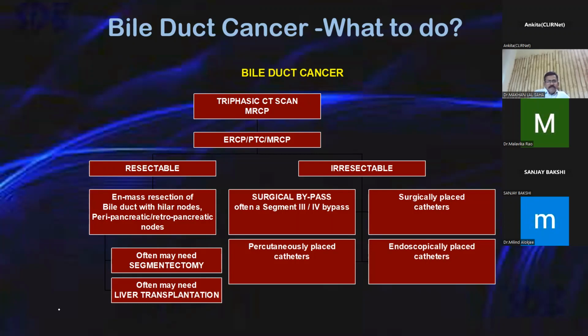Often, as we realize, they need removal of the caudate lobe. Often, if there's no extrahepatic spread, they might need orthotopic liver transplant. If it's irresectable, you have various types of surgical bypass, or percutaneously placed catheter with internalization, and endoscopically placed catheter.